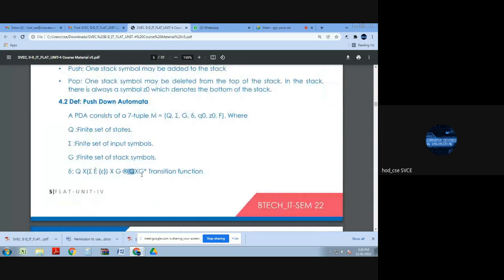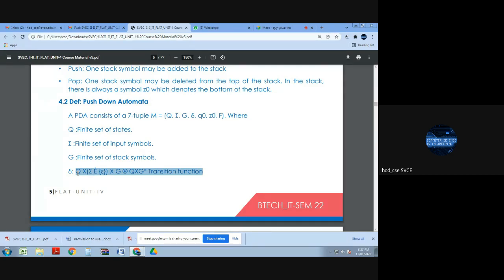So that's why here we'll have 5 tuples. Q, sigma, gamma tends to Q into gamma. Present state, input from alphabets, input from stack. What is the next state? What are the remaining symbols presented in the stack? So this is how we will represent transition function in pushdown automatas.